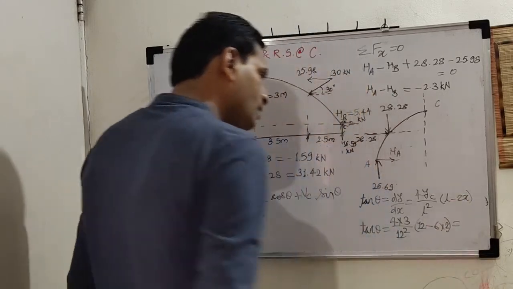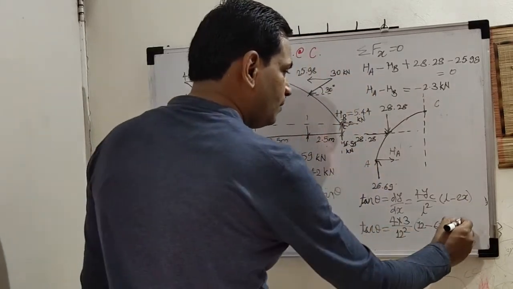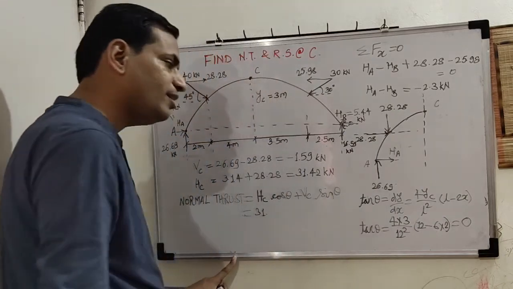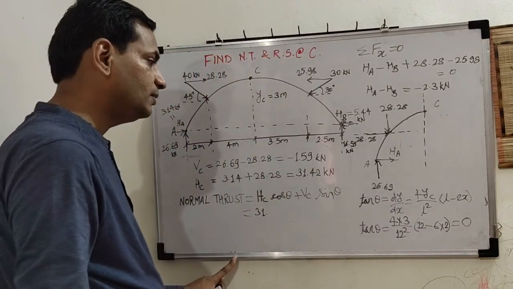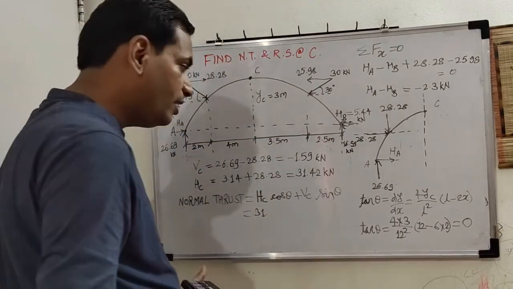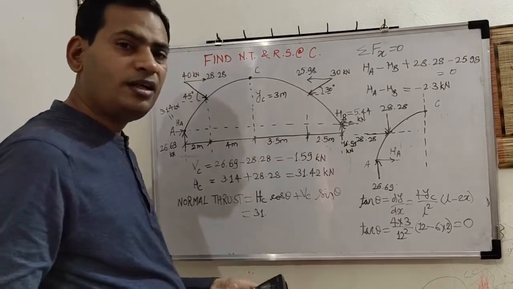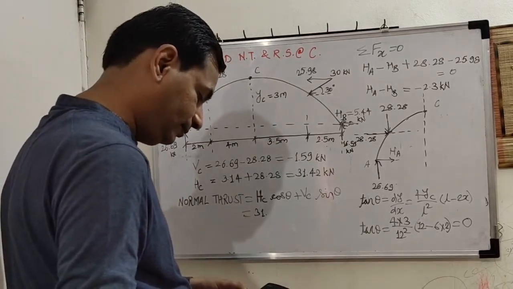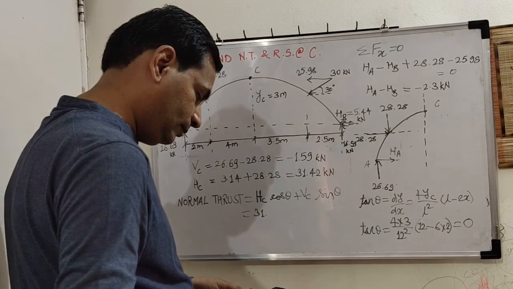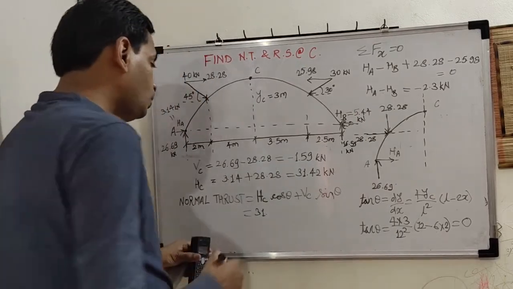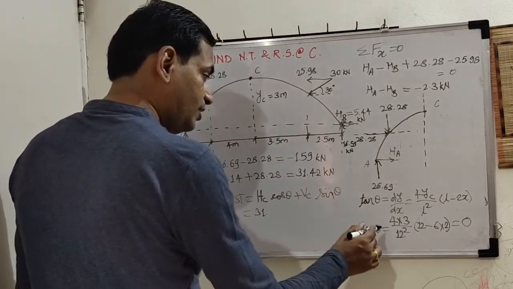So 12 minus 12 is 0, so tan theta is 0. Tan theta is 0, it means theta is 0.